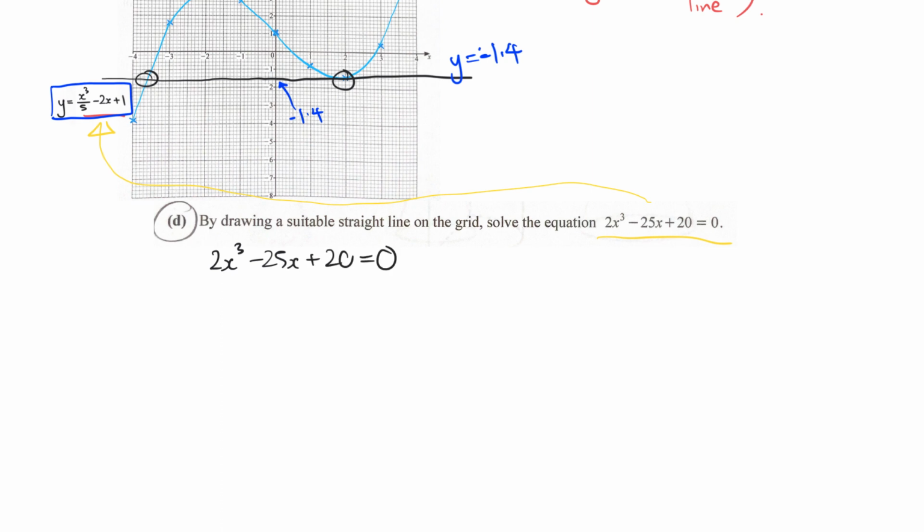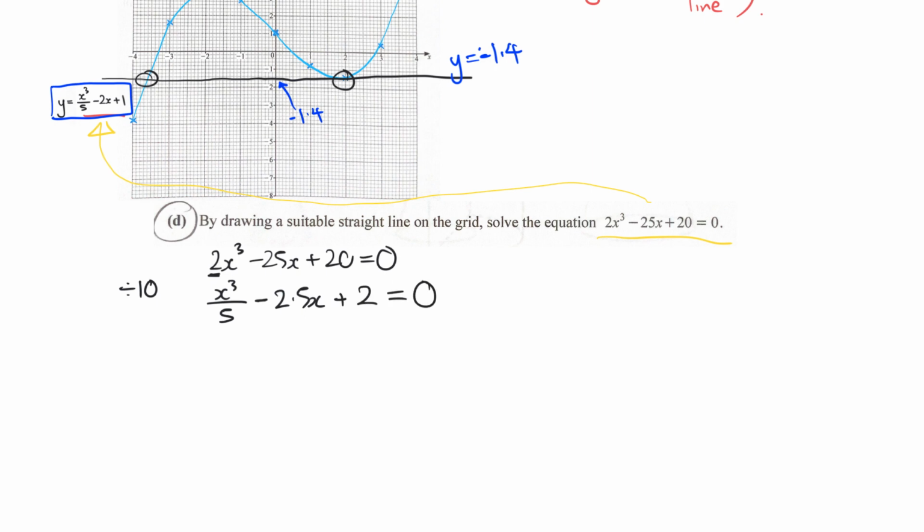I'll first target the x cubed term. Currently it has a coefficient of 2 and I want x cubed over 5. So I have to divide by 10 throughout to create x cubed over 5. And I divide by 10 throughout for the rest as well. I'll have 2.5x, and I'll have 2 equals to 0.